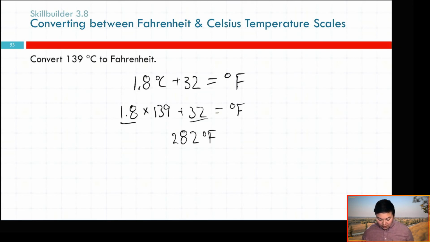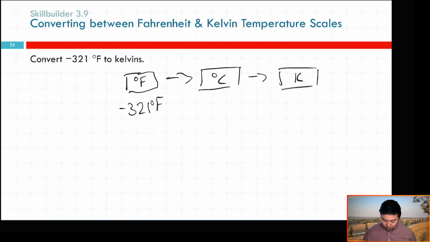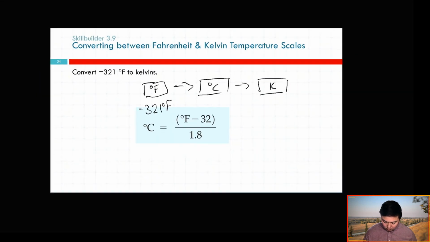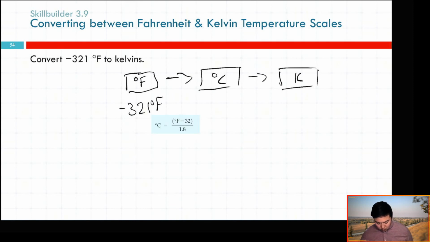So negative 321 degrees Fahrenheit. We want to convert that to Celsius. Let's go back over here. I want to copy that. Then we'll do negative 321 minus 32 divided by 1.8.